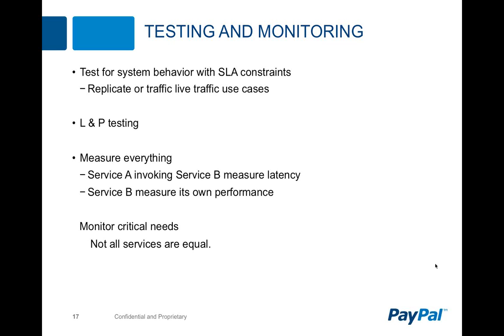Similarly, not all services are equal. To us, if the payment system goes down, it's extremely critical. If the settlement system goes down, it is critical, but not as critical as the payment system. So you have to have monitoring in place to figure out which systems are running and how well they are running, how their SLAs are, and publish their SLAs, not just the average, but the 95 percentile.